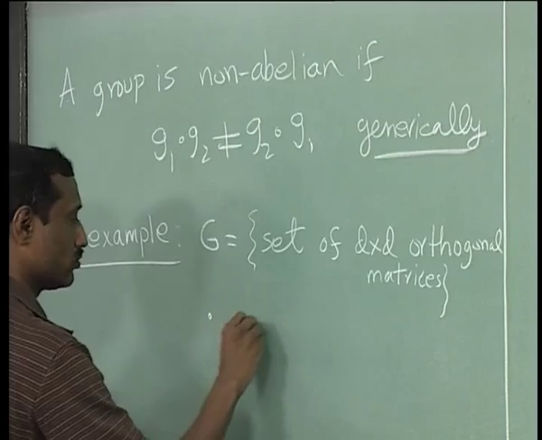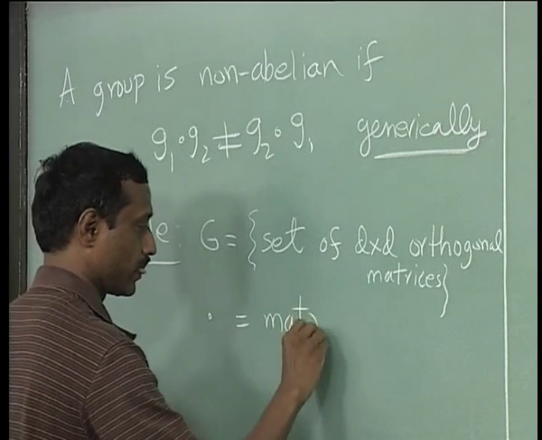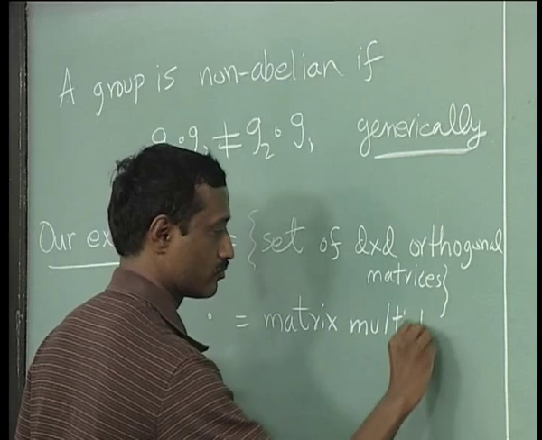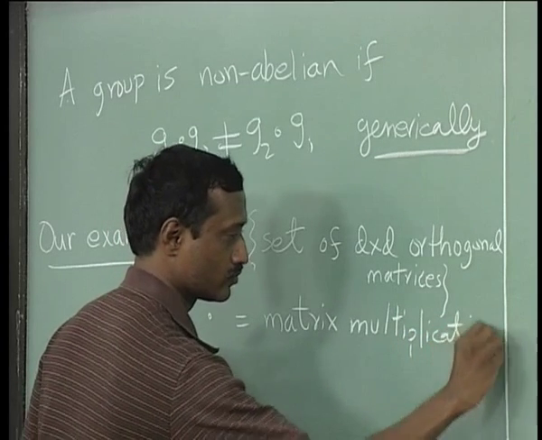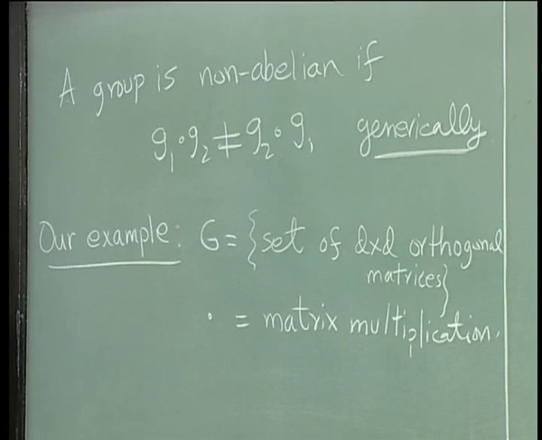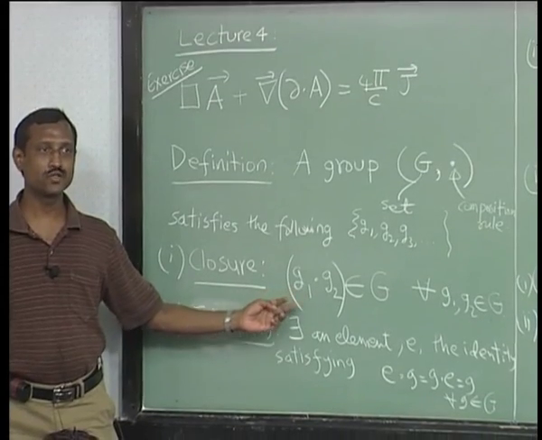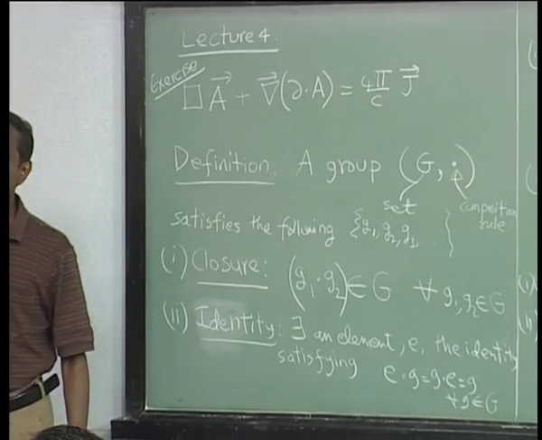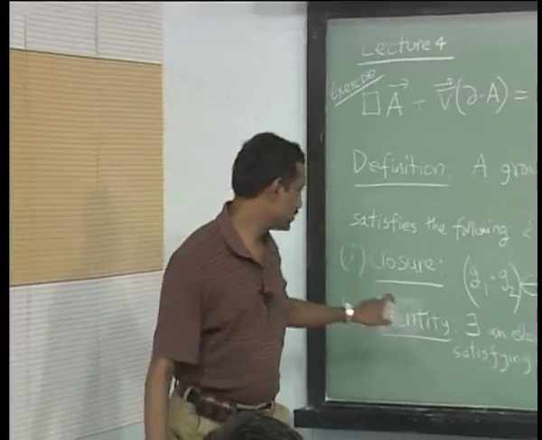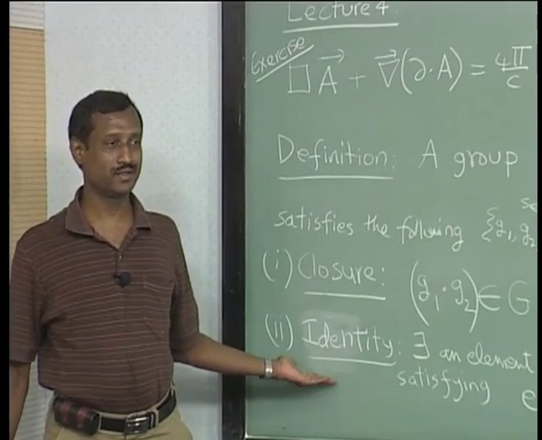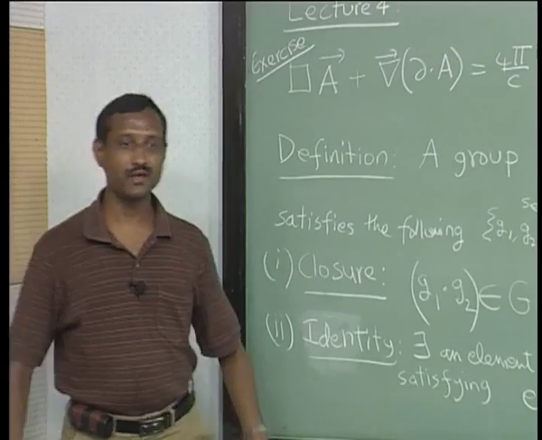And dot is equal to matrix multiplication. Okay. So the first thing which we did yesterday, or maybe I left it as an exercise, is to show that the product of two orthogonal matrices is another orthogonal matrix. So that is the closure part. What is the identity? It is just the identity matrix.